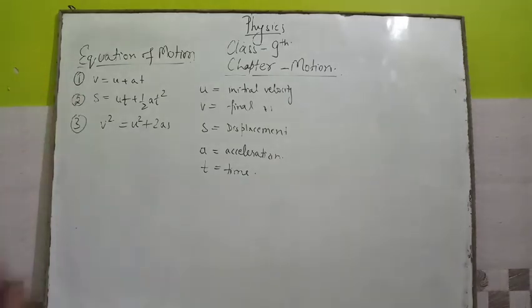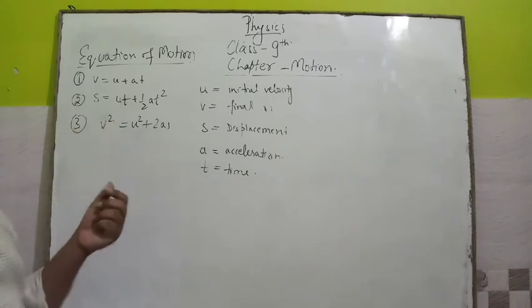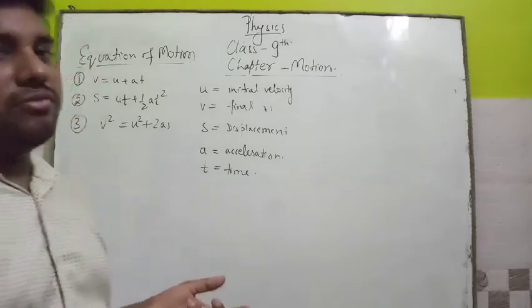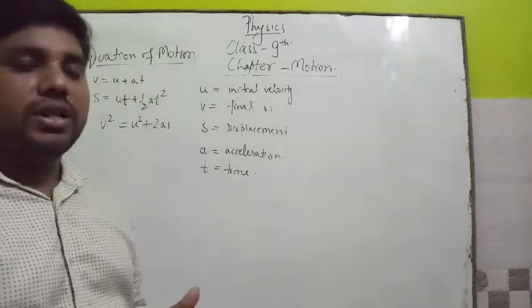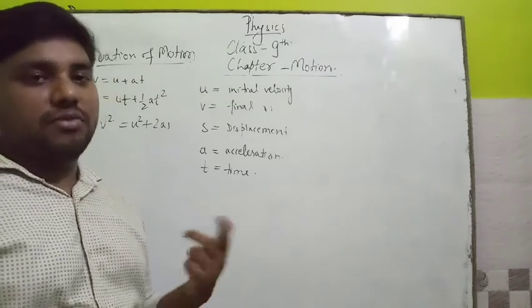Now after this we will derive the formulas one by one. First we will derive the formula by the mathematical method, and after that we will derive the formula by the graphical method.